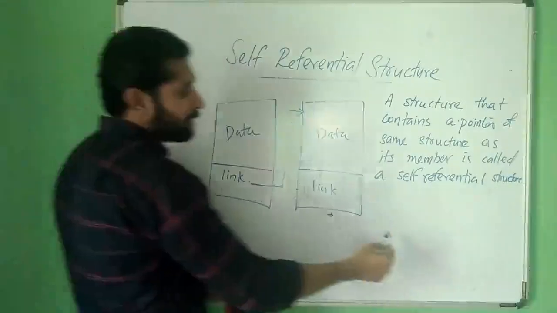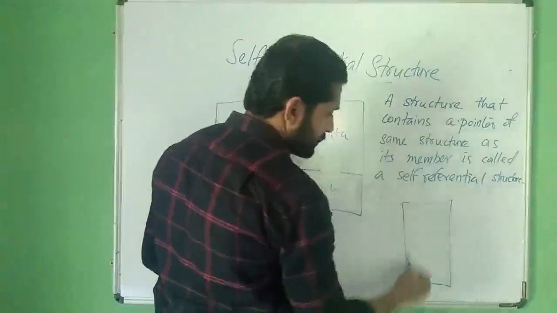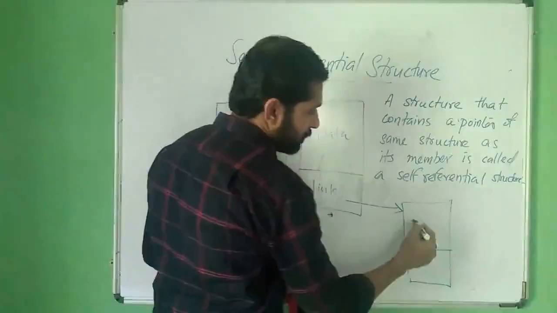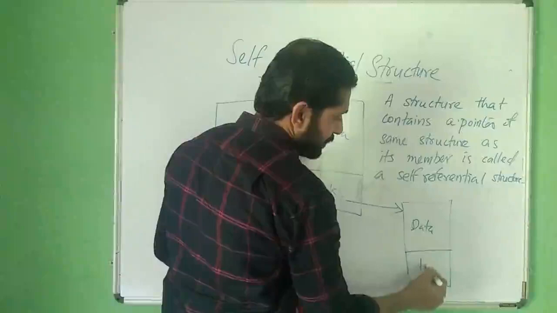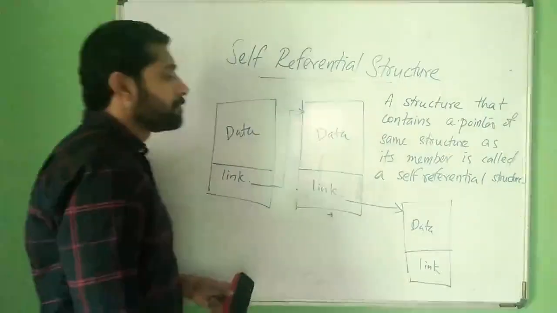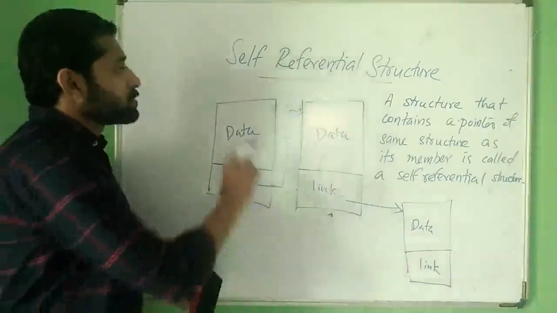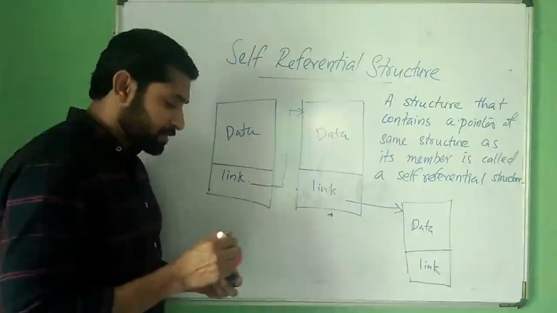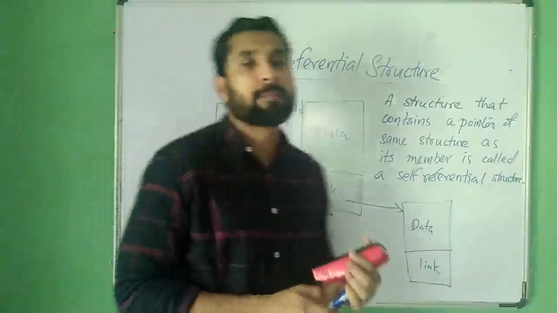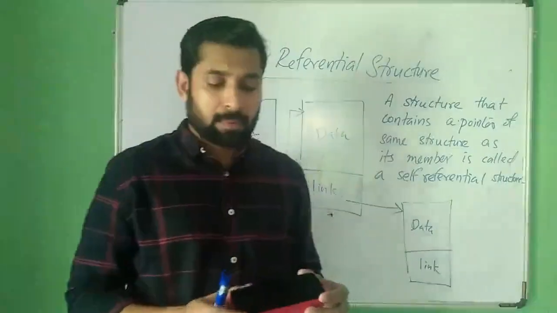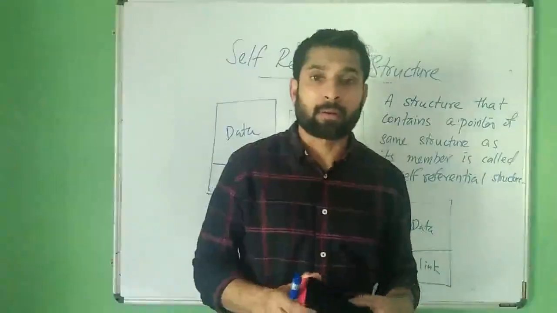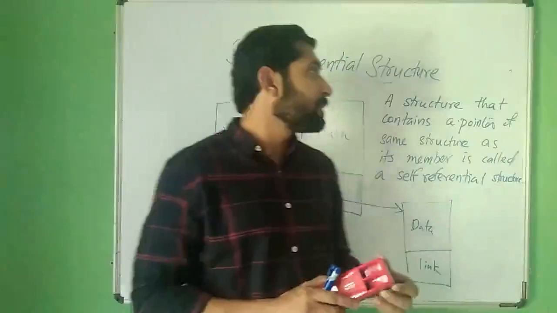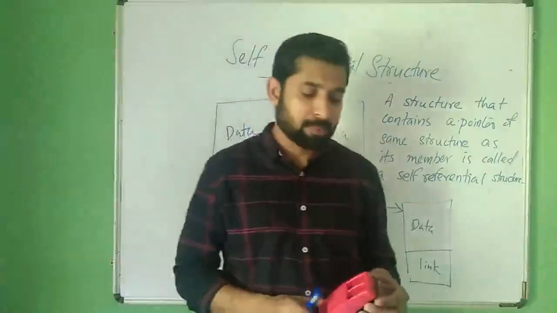What does this link contain? Another structure having the same form. So this contains the address of this part, which again contains data and link. So this is a self-referential structure: a structure that contains a pointer of the same structure inside it as its element.